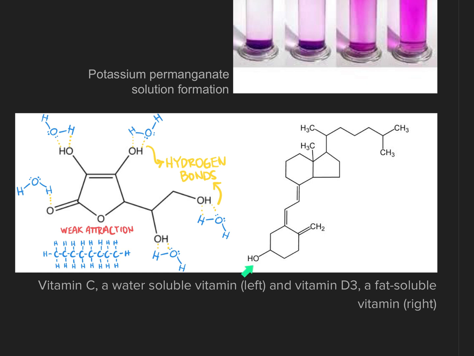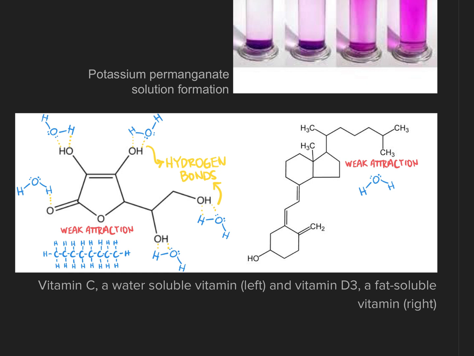But there's only one hydroxyl group present on this entire molecule at a site where we could expect hydrogen bonds to form to water. So essentially, yet again, we find ourselves in a situation where these molecules of vitamin D3 would be more strongly attracted to each other via the process of London dispersion forces than they would be to water molecules as a solvent due to the poor ability of water to form hydrogen bonds with this molecule of vitamin D3.